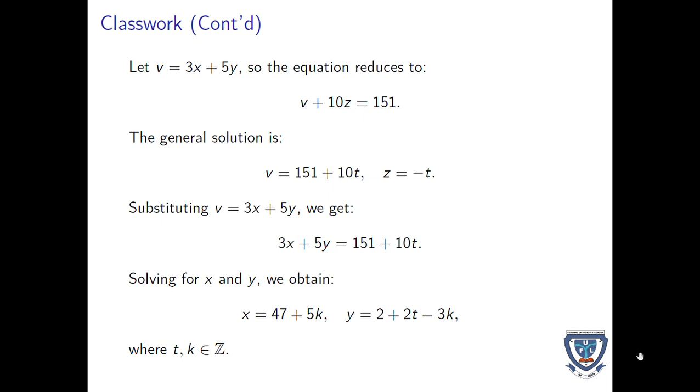The general solution will now be that v equal to 151 plus 10t, where our z is equal to minus t. Substituting v equal to 3x plus 5y, we get 3x plus 5y equal to 151 plus 10t. Solving for x and y, we will obtain that our x will be 47 plus 5k and our y will be 2 plus 2t minus 3k, where t and k are integers.